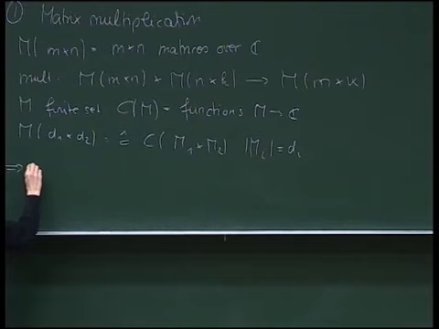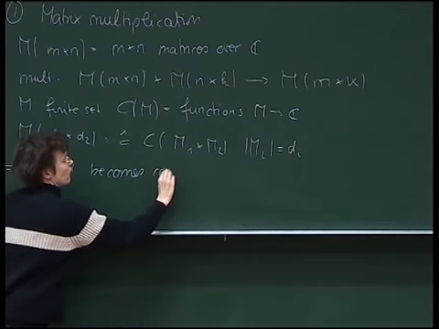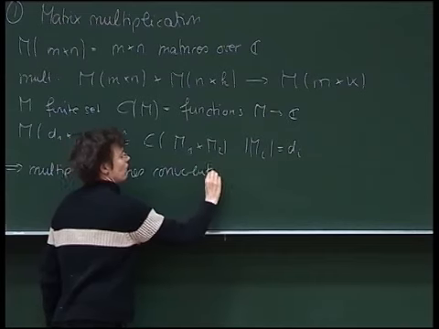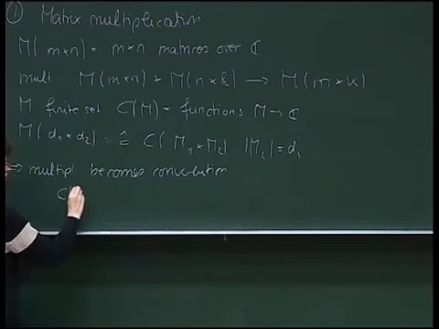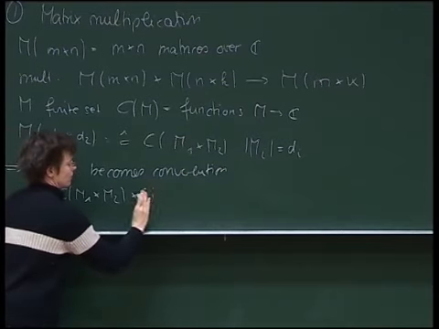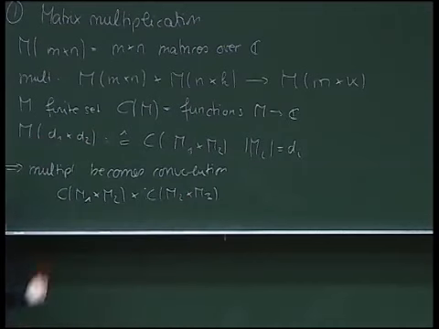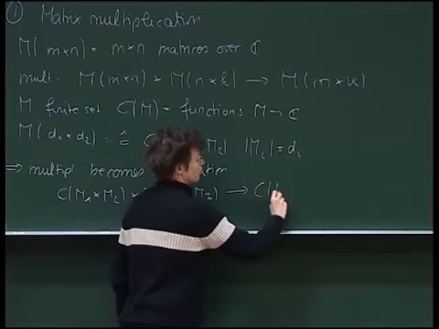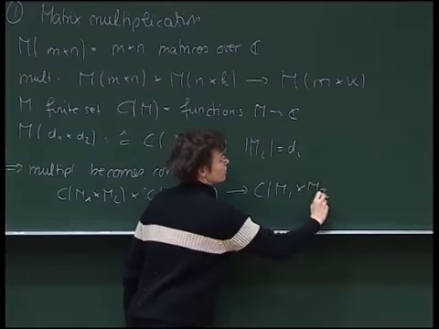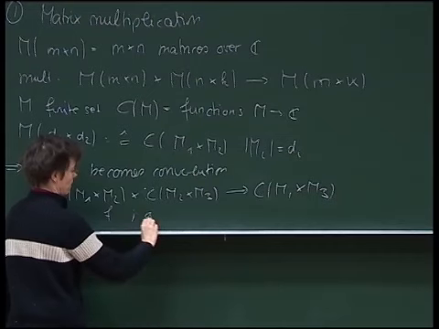So multiplication becomes convolution. Which means, if I take a function on M1 cross M2 and a function on M2 cross M3, I get a function on M1 cross M3 just by convolving.